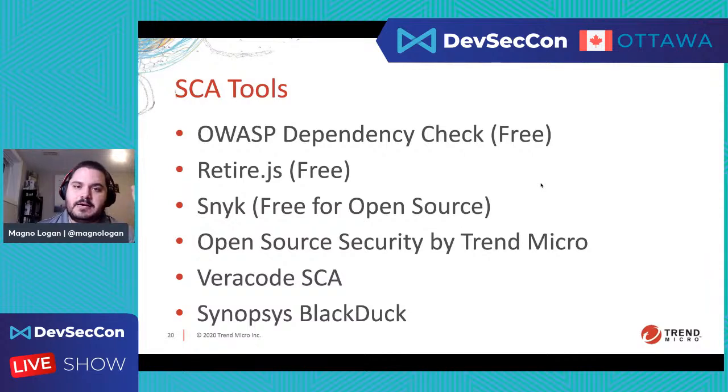There is even a plugin that you can add to your browser, so when you access a website, Retire.js is going to check whether that site is using any outdated library or not. So that's pretty neat.